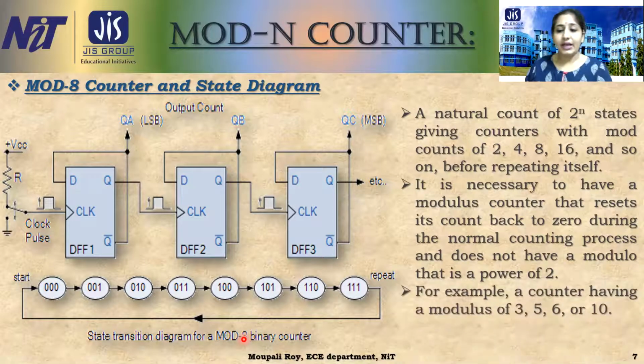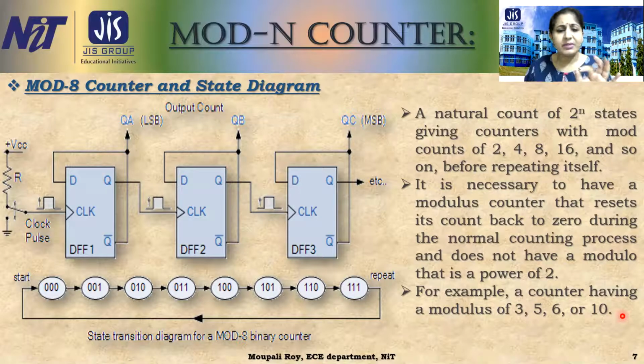Next, for example, if we want to count 3, 5, 6 or 10, then what is the process? Up to this is okay. Then we want to count 4, we want to count 8, we want to count 16. If we want to count 16, then 2 to the power 4, that means we need 4 flip-flops.